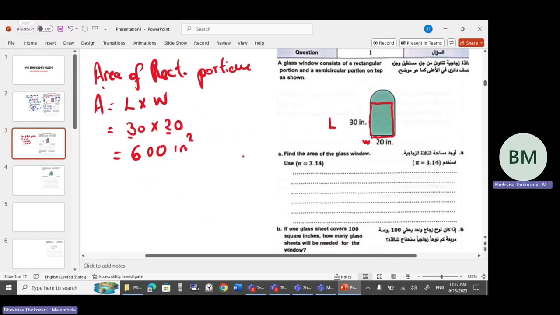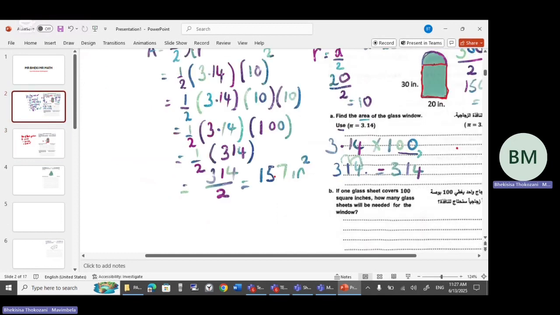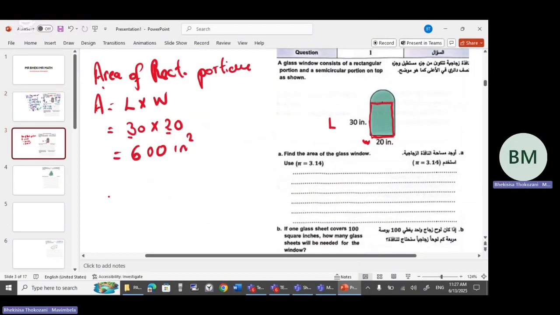There you go. But they want the area of this whole thing. We already have the area of the semicircle, which is 157. So now I'm going to say area of a semicircular portion plus the area of a rectangle.